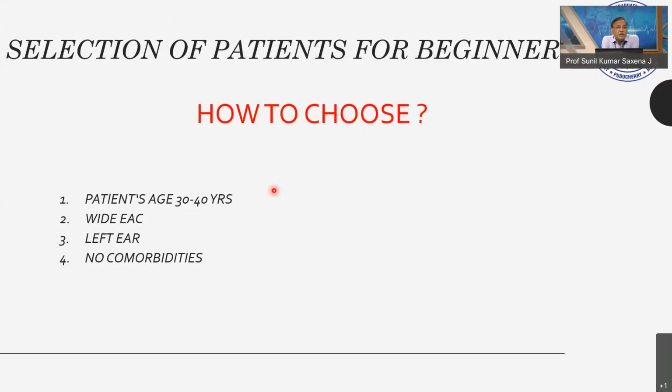So in the beginning, make sure you choose a wide external auditory canal and the left ear, because if you are a right-handed surgeon, it is easier to operate in the left ear as you don't have to cross over your hand. And there should not be any comorbidity. Comorbidity means no diabetes, no hypertension, no other problem, preferably when you are starting this.